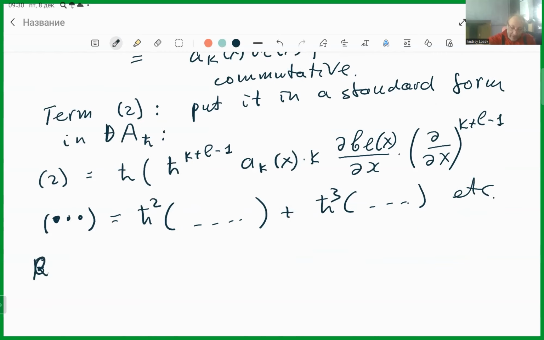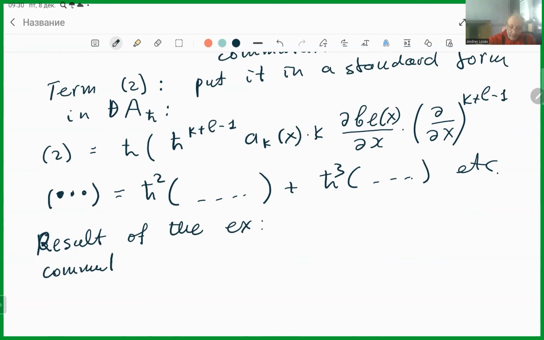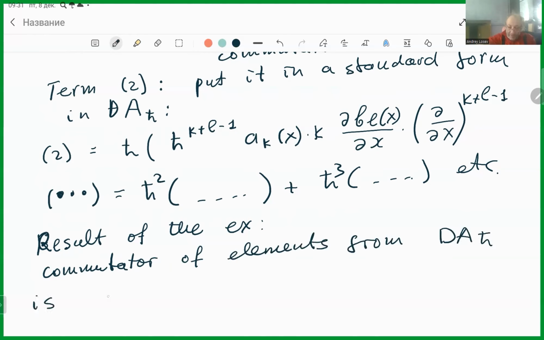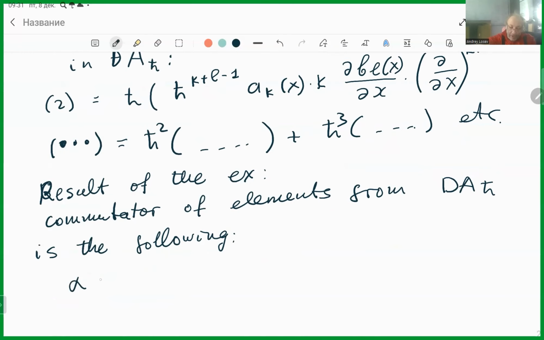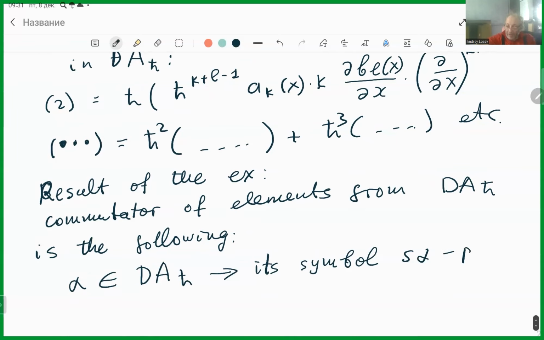Result of the exercise. The commutator of elements from DAH is the following. To an element alpha that belongs to DAH, we correspond its symbol, also denoted alpha. That is a polynomial in p.